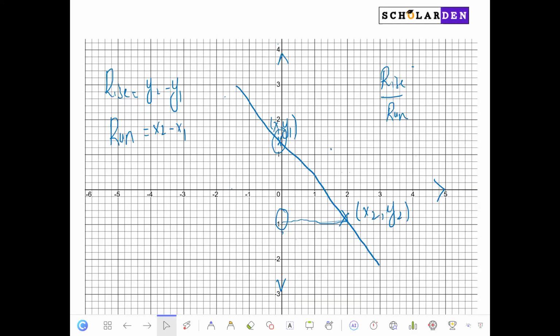So if we subtract a greater value from a smaller value, this result is going to be negative. It's going to be smaller.